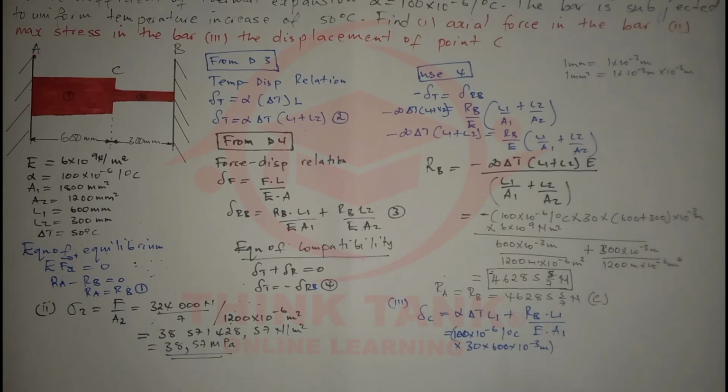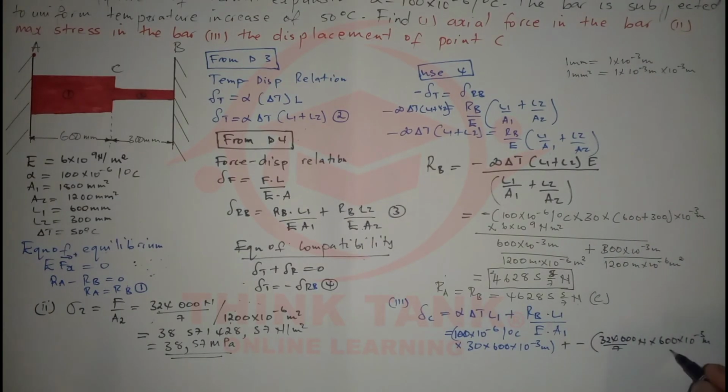And for RB, we're going to put a negative sign here since we're now considering the direction. This is displacement. If we ignore this negative sign, we'll get a wrong answer. So I'm going to write plus negative, and for force, we have 324,000 over 7 newtons. Now I'm going to multiply that by the length, which is 600 times 10 to the power negative 3 meters, and divide this by E, which is 6 times 10 to the power 9 newton per meter squared, times the area, which is 1,800 times 10 to the power negative 6 meters squared.